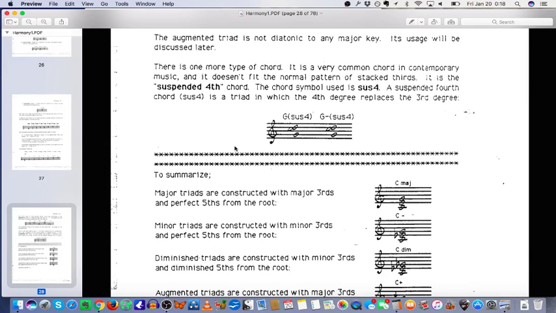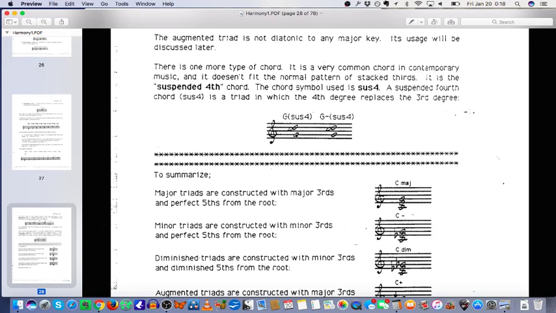So there's one more type of chord. It is a very common chord in contemporary music, and it doesn't fit the normal pattern of stacked thirds. It is the suspended fourth chord. The chord symbol used is sus4. A suspended fourth chord, sus4, is a triad in which the fourth degree replaces the third degree.